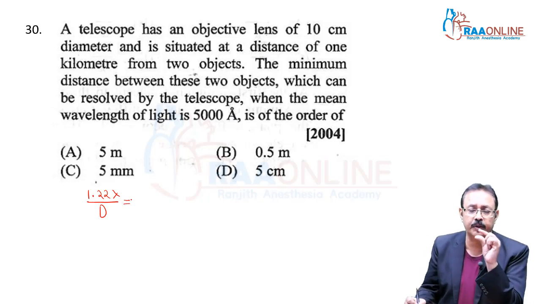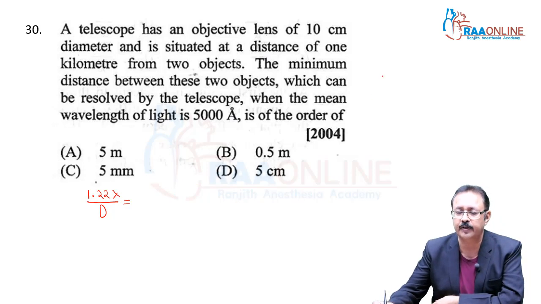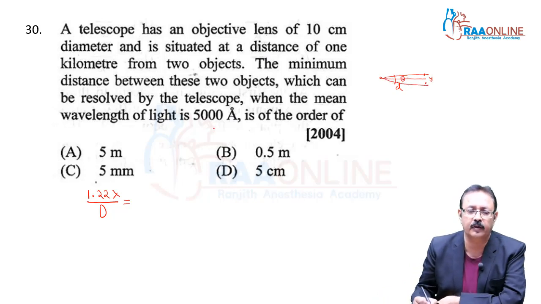Angle is equal to arc upon radius. For the telescope and that object at a distance d, they make an angle on the telescope. This is again theta. So theta you can get from this also.